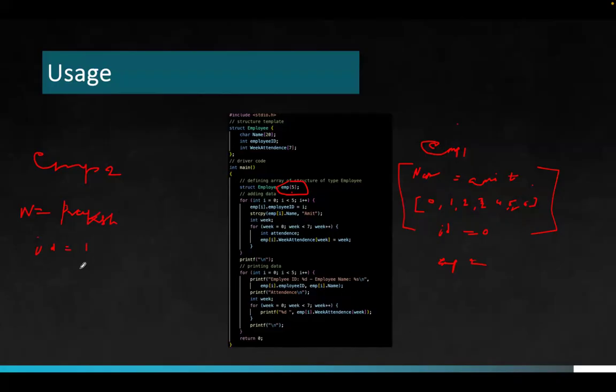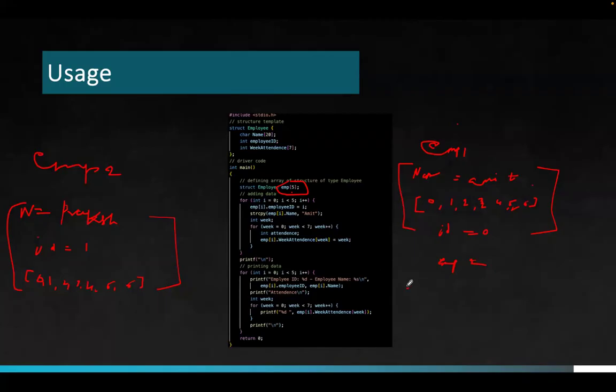So ID becomes 1. Now attendance for that particular week is again 0, 1, 2, 3, 4, 5, and 6. This is how employee 2 gets created, and so on till my employee 5.